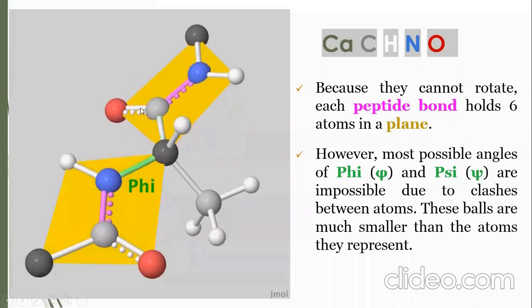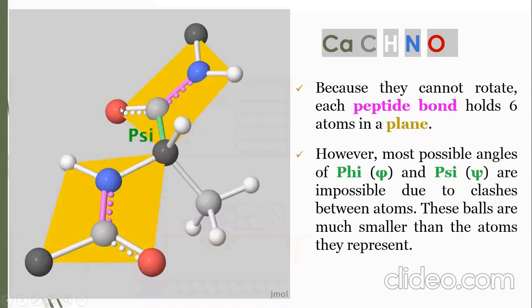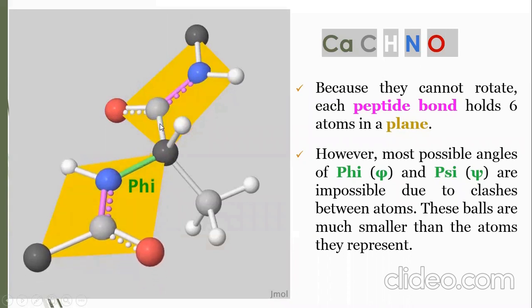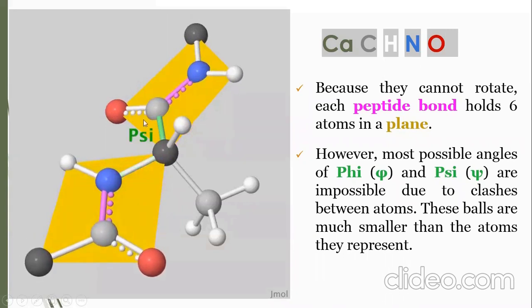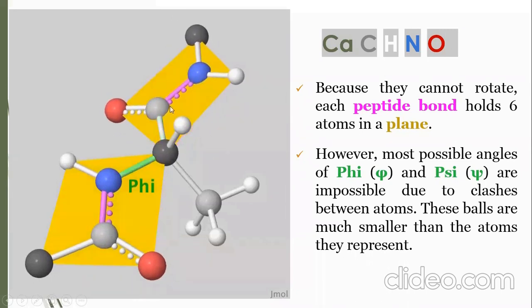So this will hold 6 atoms in a plane: 1, 2, 3, 4, 5, and 6. This will be in one plane, and these 6 will be in another plane. So by moving this bond, we change the position of the 6 atoms in the plane.